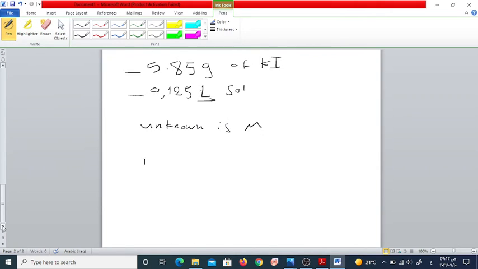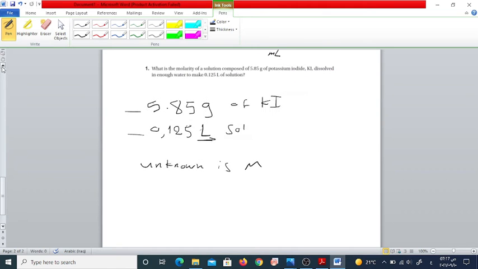So very simply I can say molarity equals mass, 5.85, divided by the molar mass of KI.